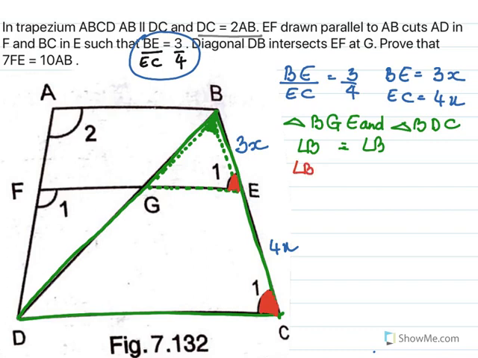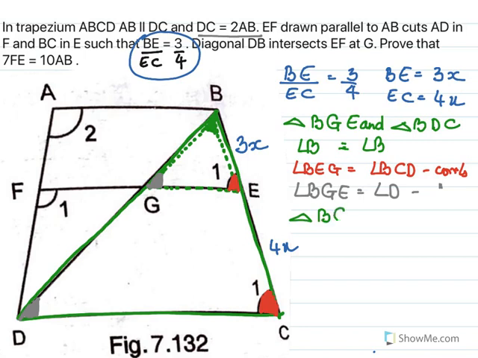So angle BEG equal to angle BCD, corresponding angles. Hence the third angle also will be equal, that is angle G will be equal to angle D. So we have angle BGE will be equal to angle D, also corresponding angles. So the two triangles are similar.